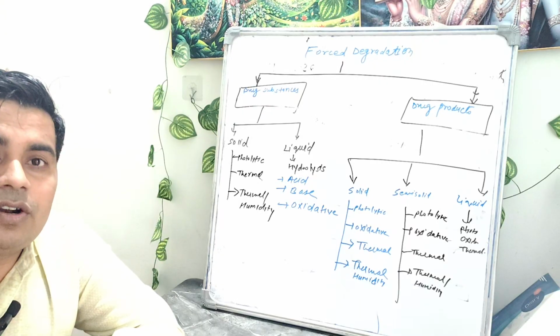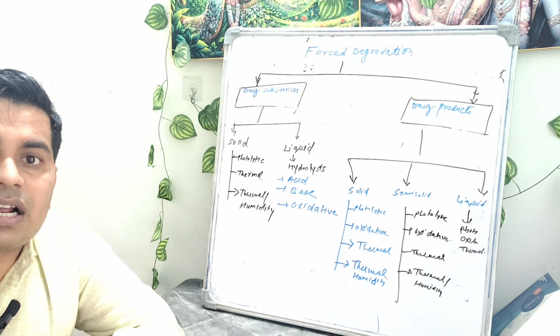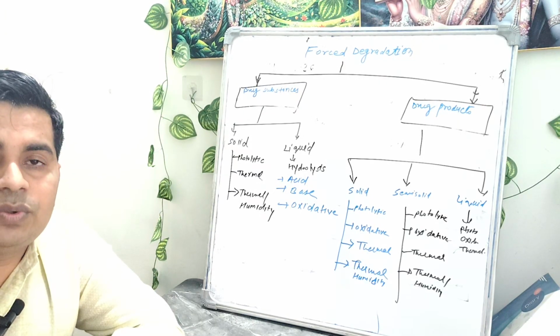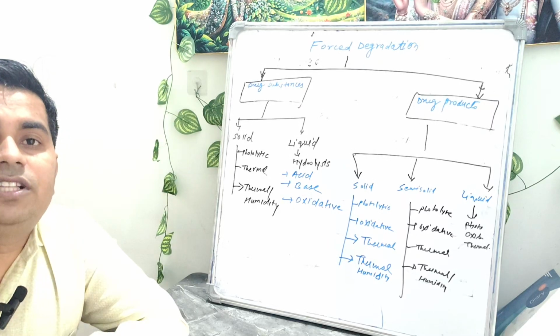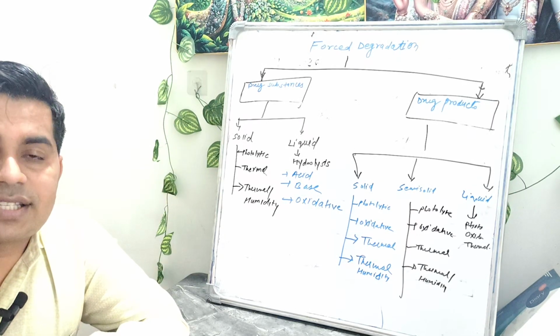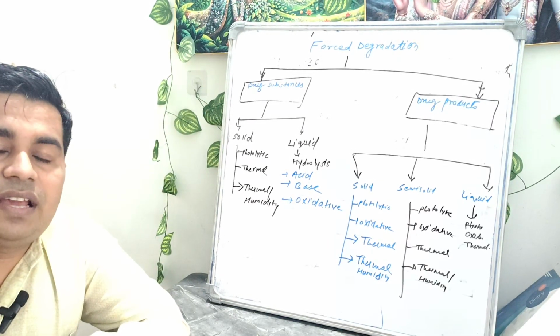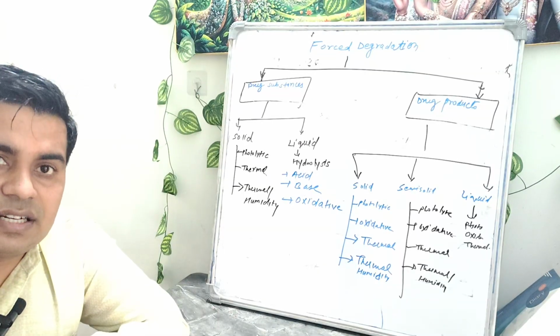So acid hydrolysis means we take a certain amount or concentration of the acid in a specified volume, and design the concentration of the acid with respect to time: 1 day, 3 days, 7 days, where we can achieve the degradation.